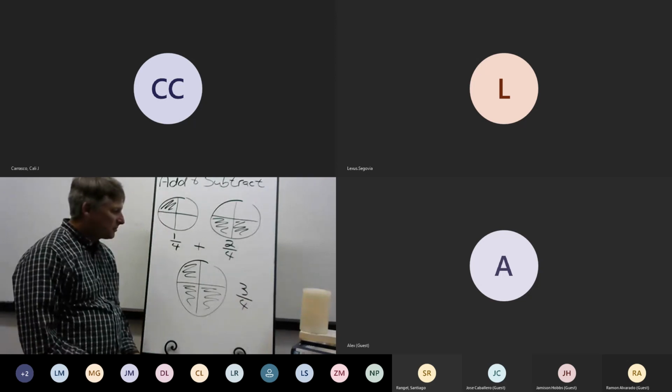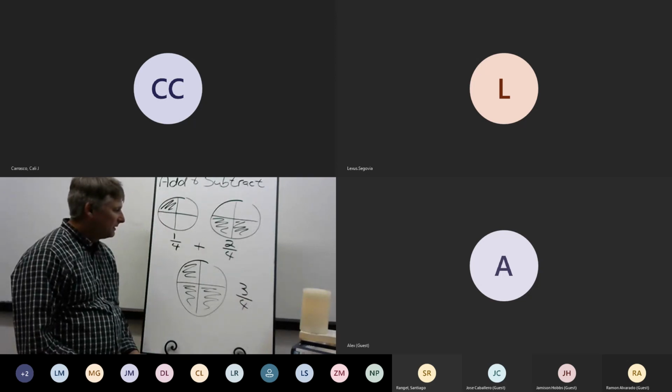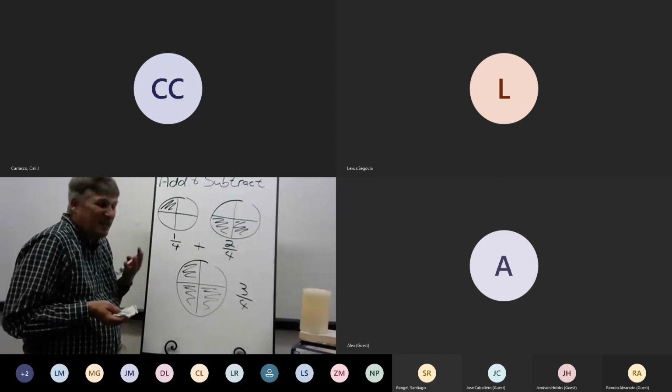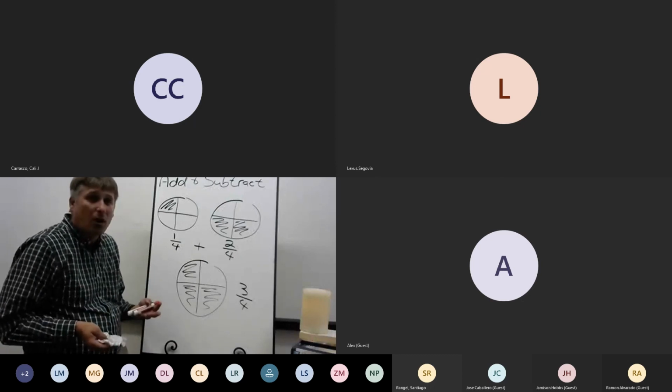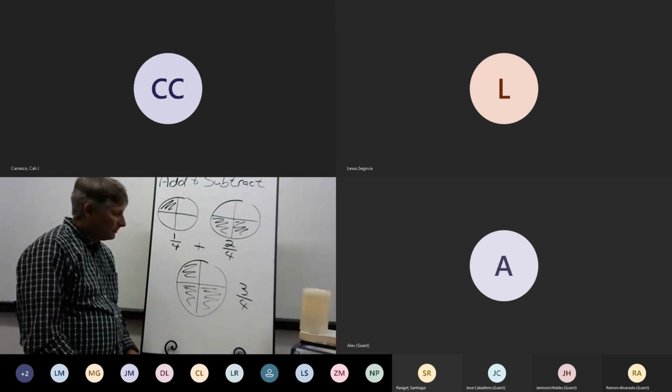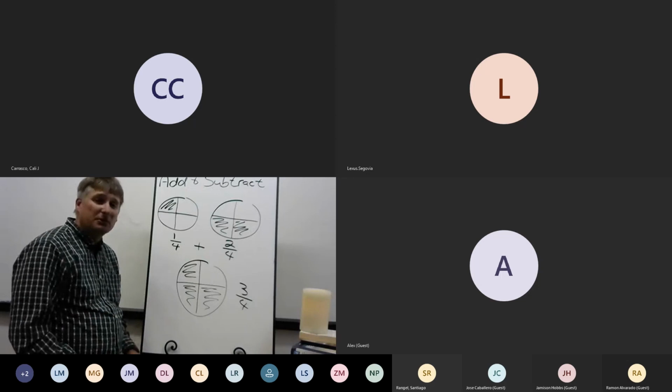So with this 3/4, can we come up with an easier way of getting it than having to draw all these pictures? There actually is a shortcut.